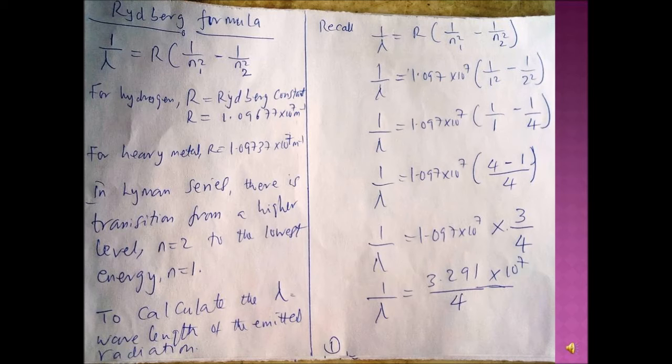In the Lyman series, for instance, there is a transition from a higher level, such as n2, to the lowest energy level, which is n equals 1.